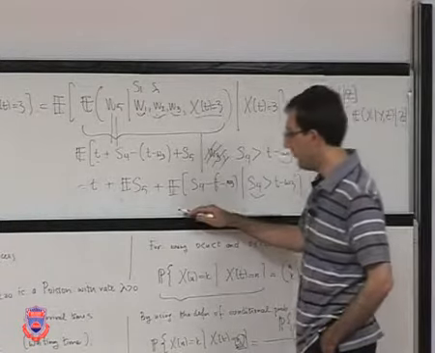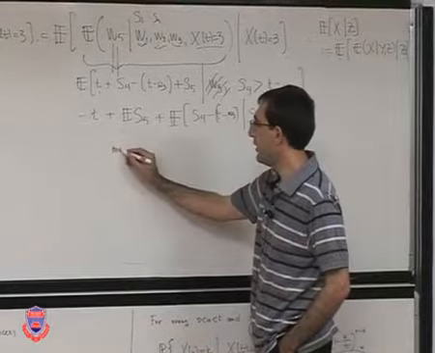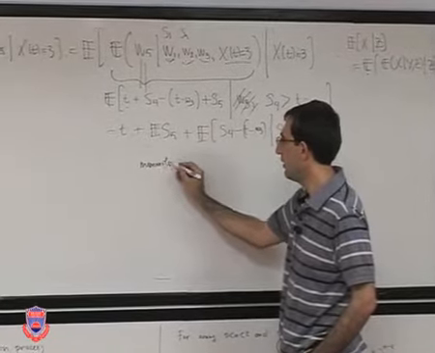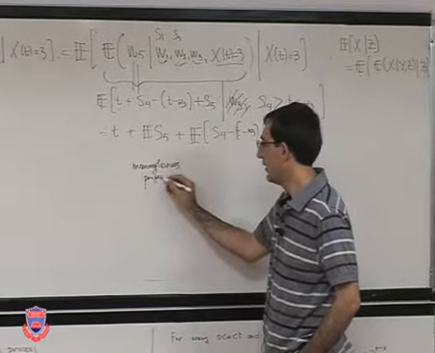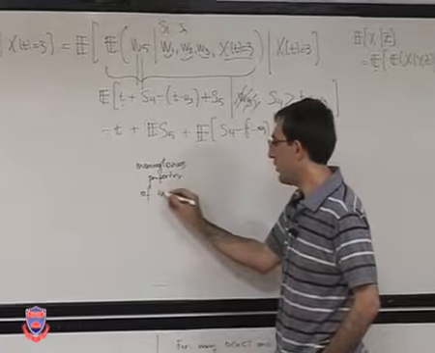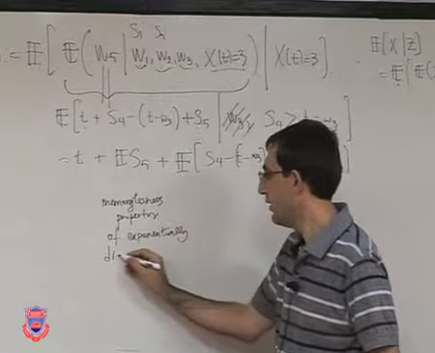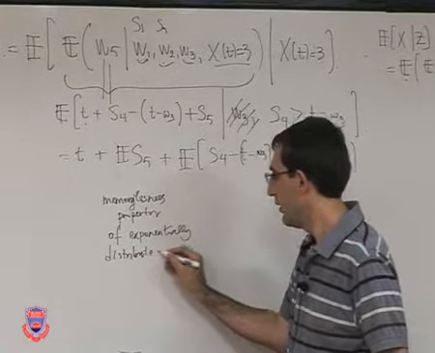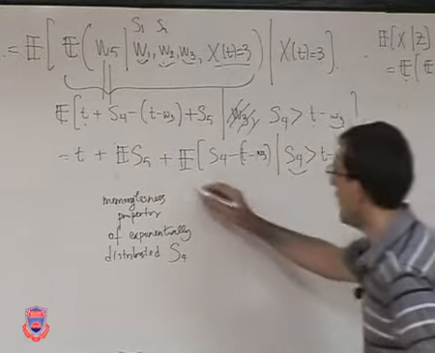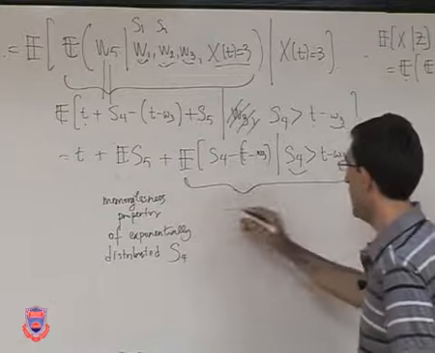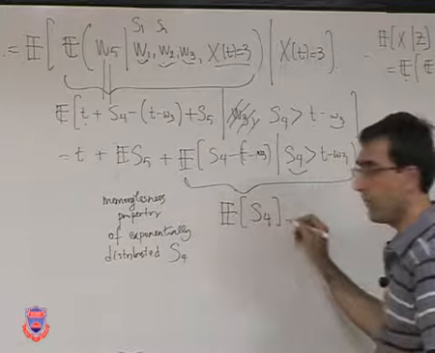Here we use the memorylessness property of the exponentially distributed fourth inter-arrival time S4. So this thing is the same as the unconditional expected value of S4.